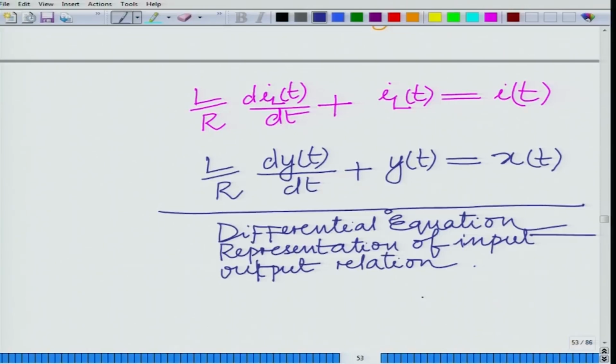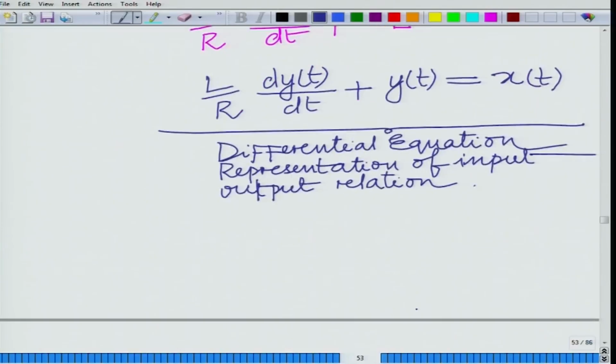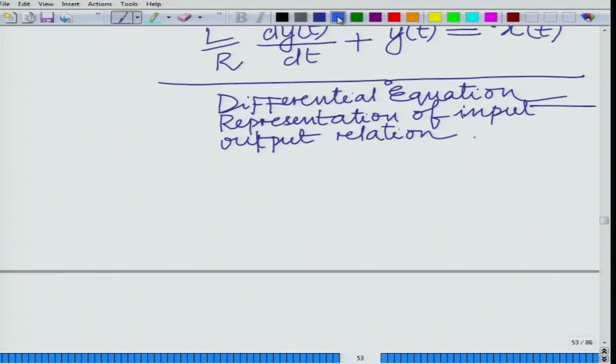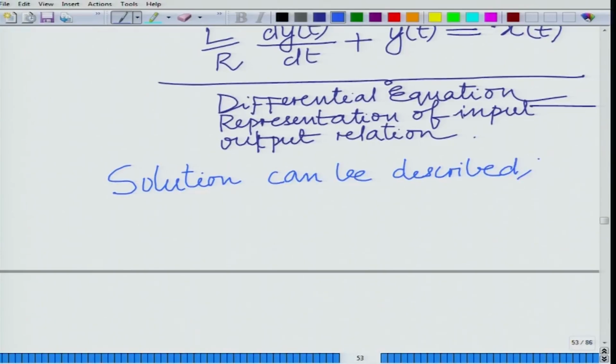Okay. Now what do we mean by a solution for this differential equation representation? The solution here simply means the output signal y(t) for the given input signal x(t).